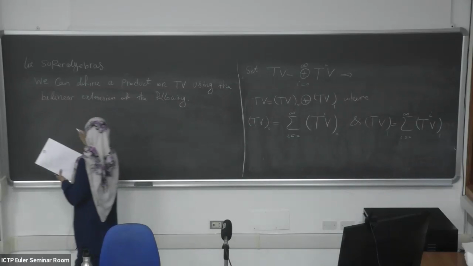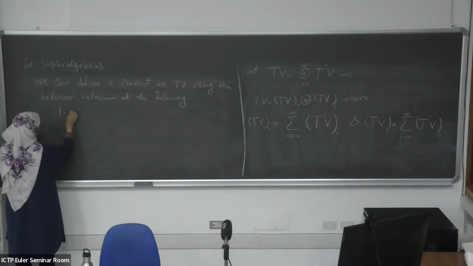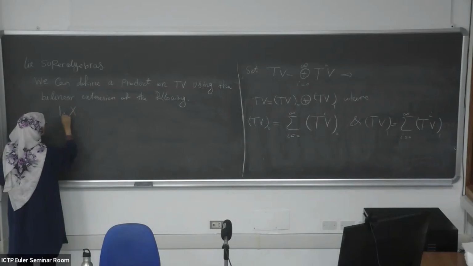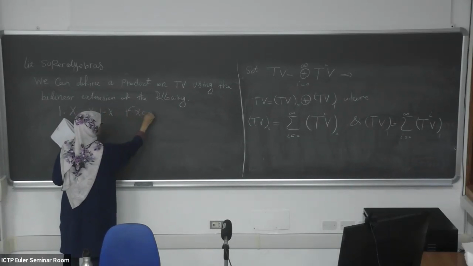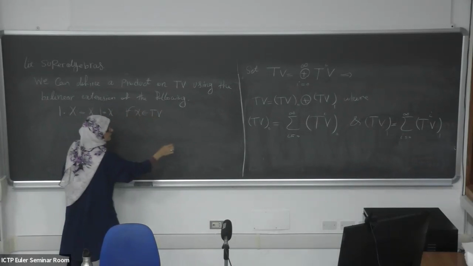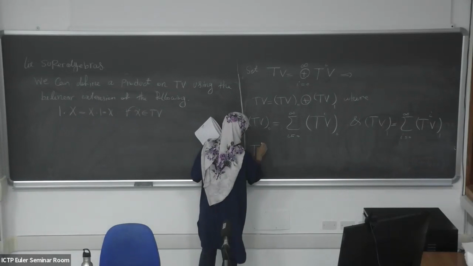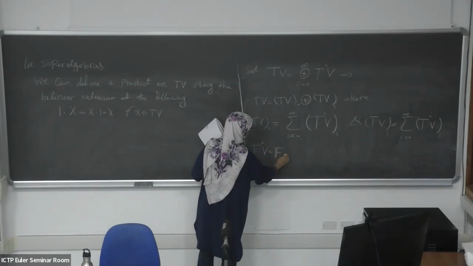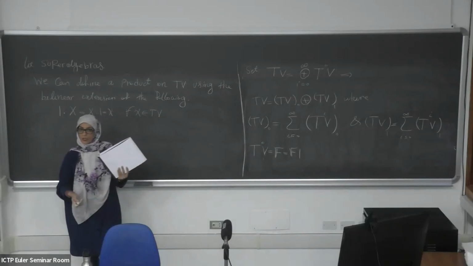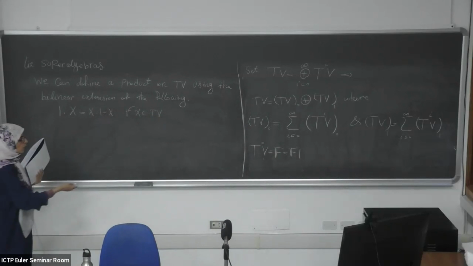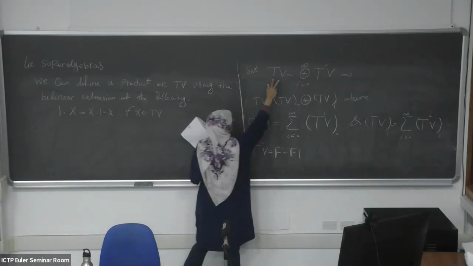I define 1 times 1 to be 1, and in general 1x = x1 = x for all x in TV, because you remember T^0 is F, and 1 is the unit of F.